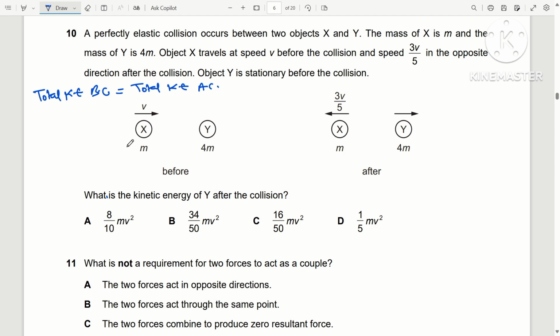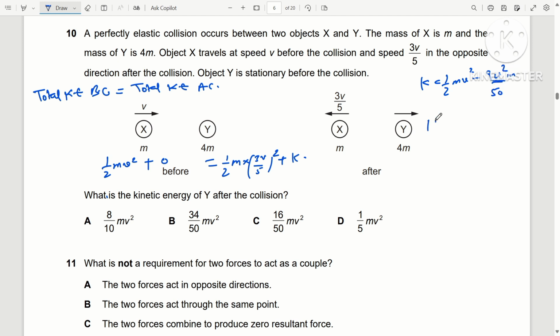So before collision the kinetic energy of x is half mv square, plus 0 since y is stationary. After collision, the kinetic energy of x will be half into m into (3v by 5) square, plus let's say the kinetic energy of y is k. So k will be equal to half mv square minus 9 mv square divided by 50.